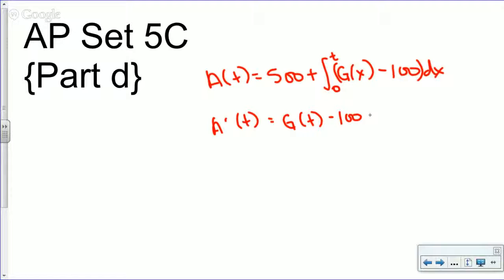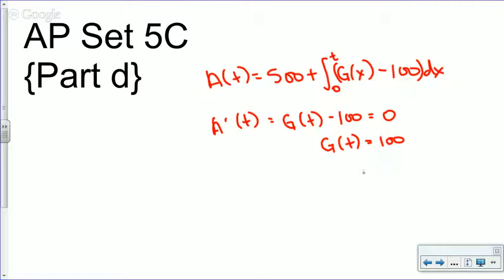Okay, so I would like to know when the derivative is equal to 0. So in order to do this, remember this is graphing calculator active. So I would probably do this when g of t is equal to 100.